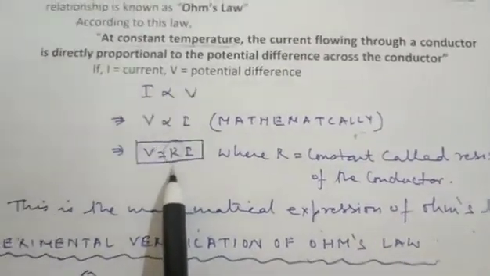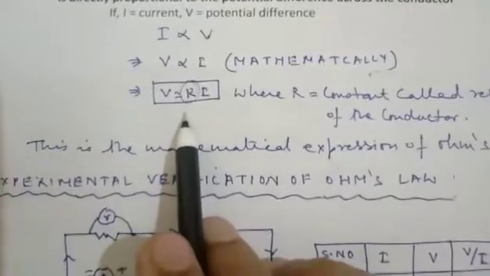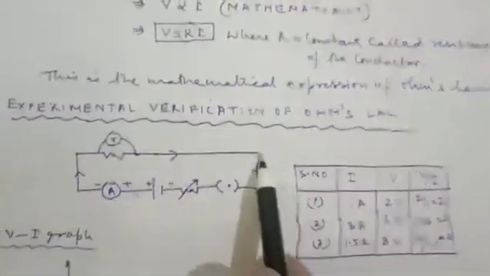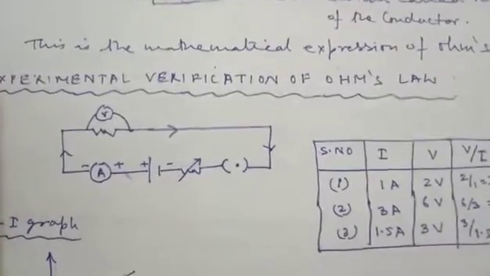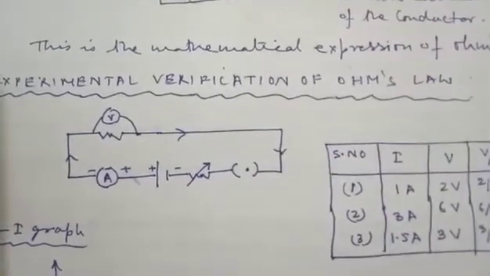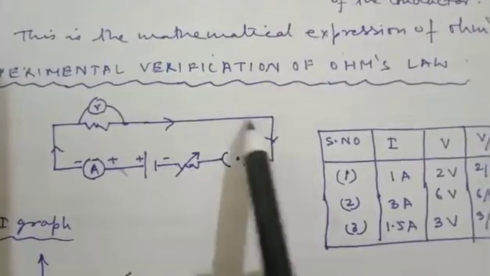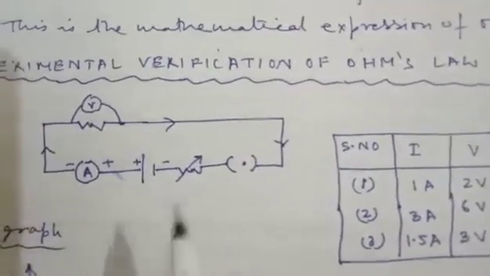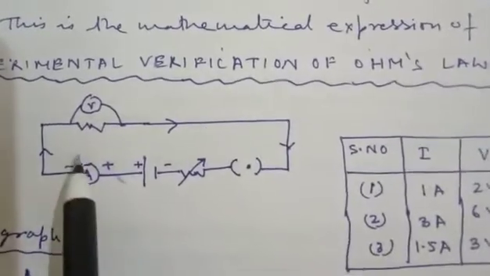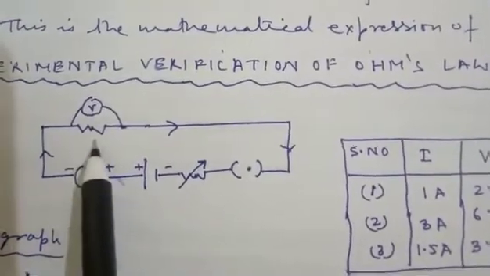Now to verify this law, we have the experimental verification of Ohm's law. This is also a very important topic. For conducting this experiment, we have to take certain components. Look at the circuit diagram here. This is a resistor.